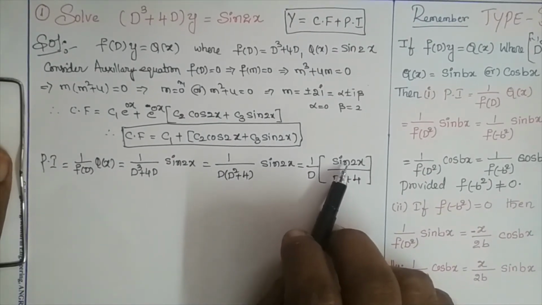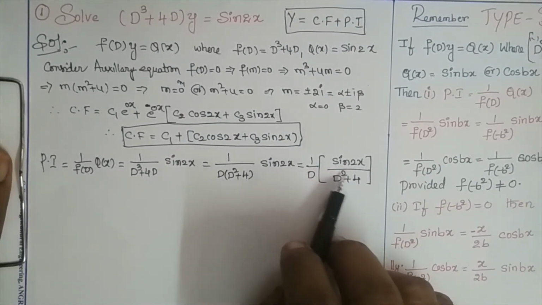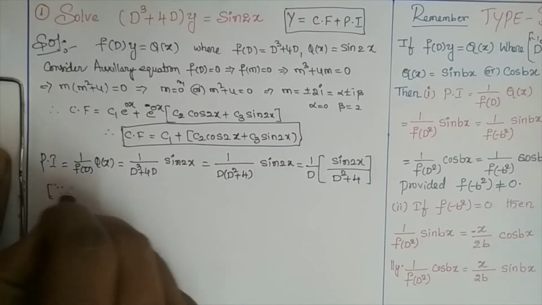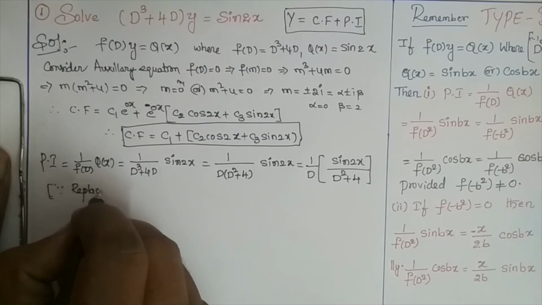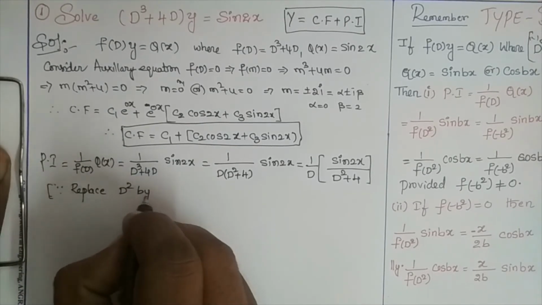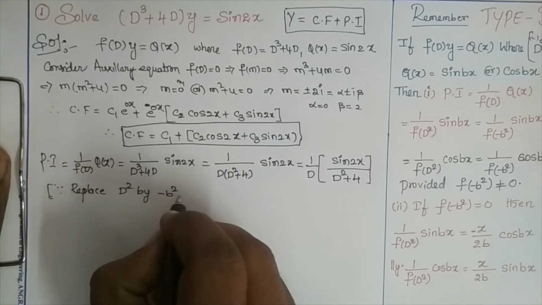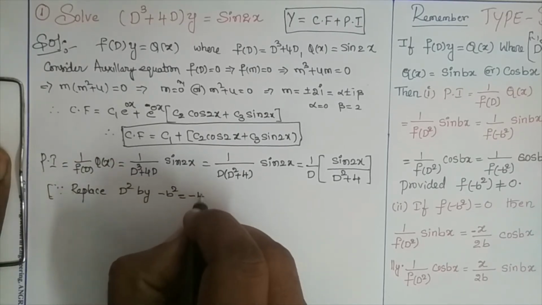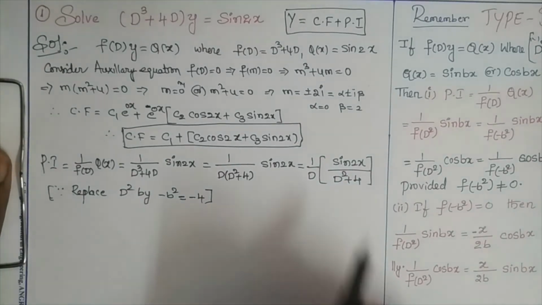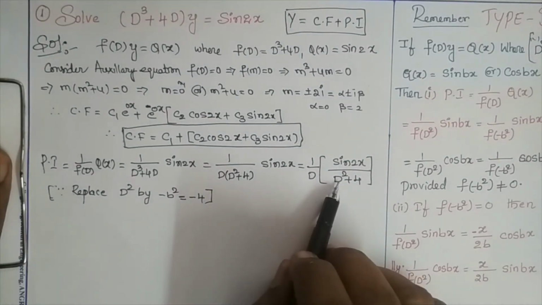Now you should concentrate on the bracket term. It is in the form of type 2, sin bx by f of D square. So we replace D square by minus b square, that is nothing but minus 4. What will happen here? If we substitute D square by minus 4, it will be 0.